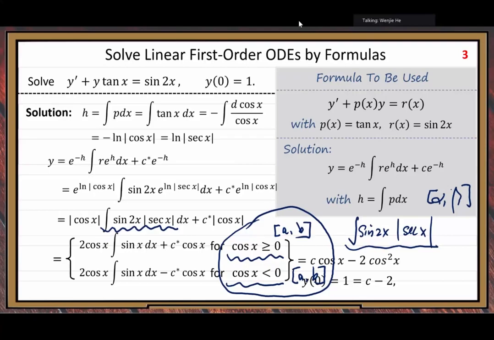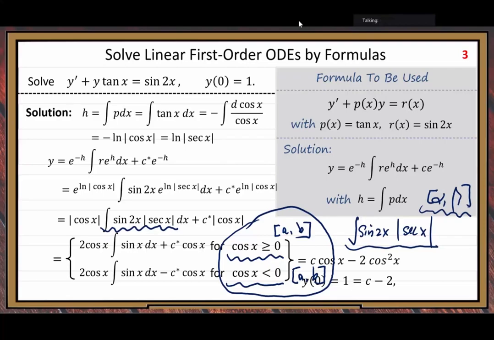But when you choose some arbitrary interval here, there is a possibility that in part of this alpha beta interval, cosine of x is positive, and in part of the interval, cosine of x is negative. The sign is mixed in this interval, sometimes positive, sometimes negative.